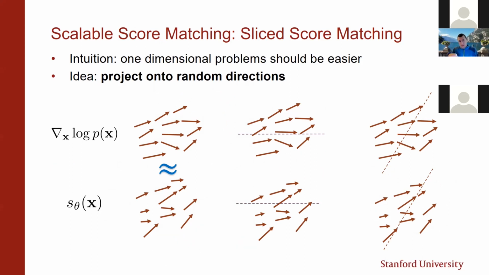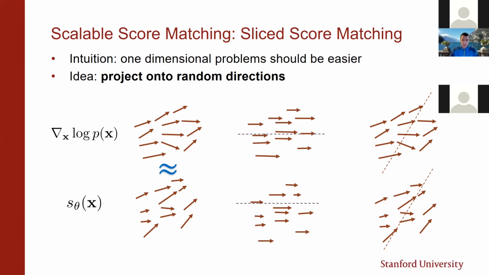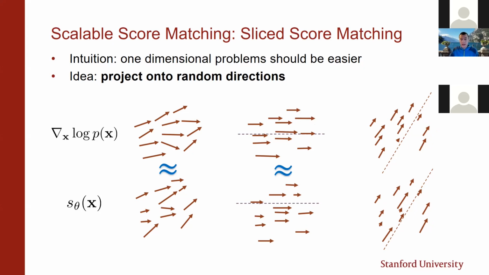At every point, we have a vector. Instead, we could pick a few random directions and then project the model and the true score along these directions, and then compare the random projections. The random projections are all essentially one-dimensional problems, for which the trace of the Jacobian should be easy, right? Because the matrix is basically just a scalar.